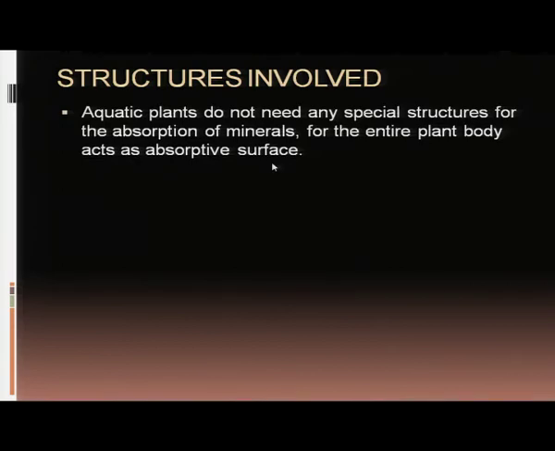The whole plant is submerged inside the water, so the whole plant body can absorb whatever ions or minerals are present in the water. But this is not the case for terrestrial plants. For terrestrial plants, there are elaborate root systems which help in absorption of the mineral ions.